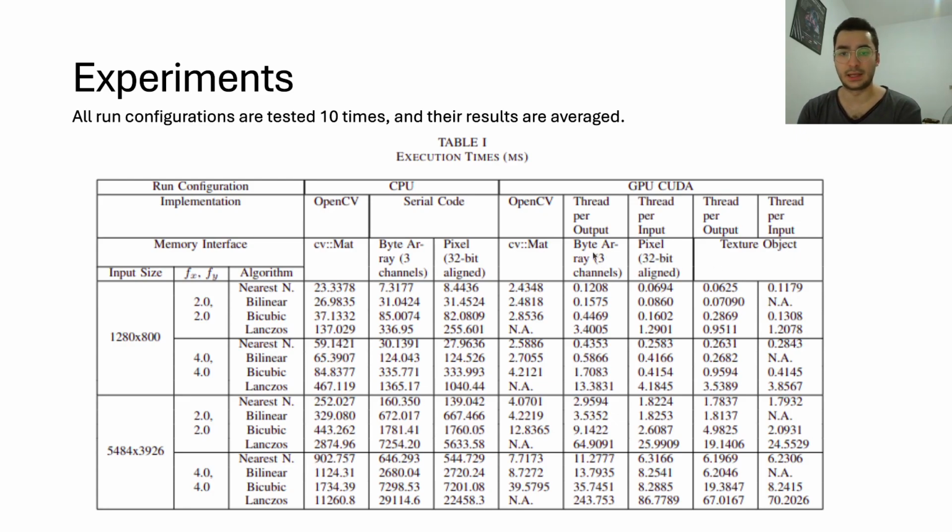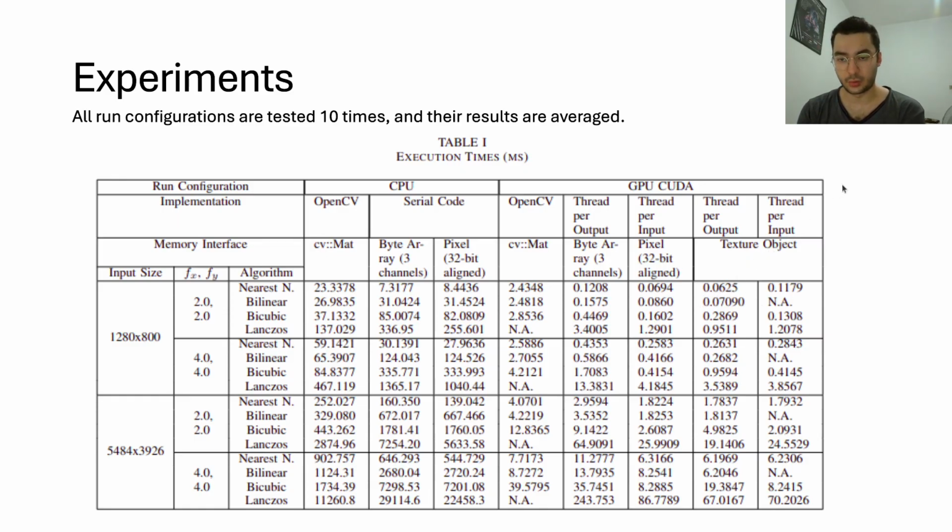Also, when aligning pixels, aligning memory to 32-bit addressable space, we see a huge jump in speedup, huge performance improvement. And also thread per input calculations are much faster generally, with one exception being bilinear, because when using texture objects this is not applicable as we are using hardware support here.